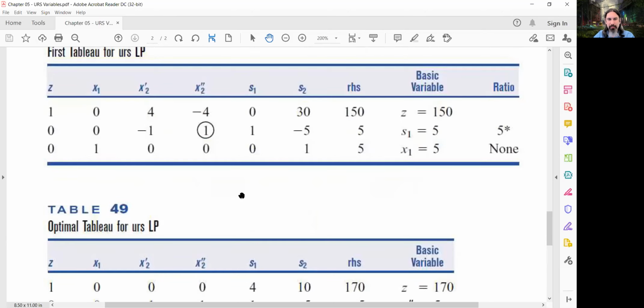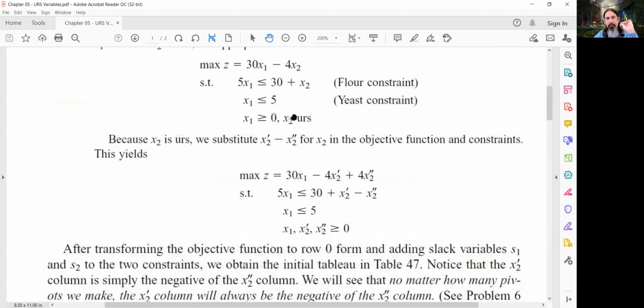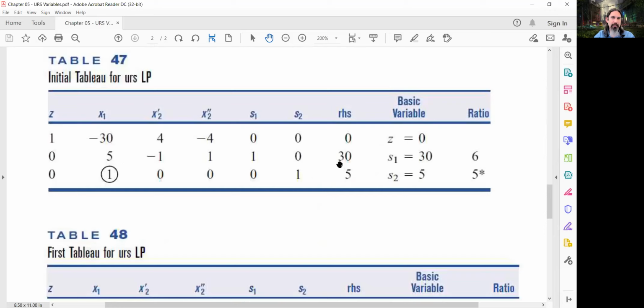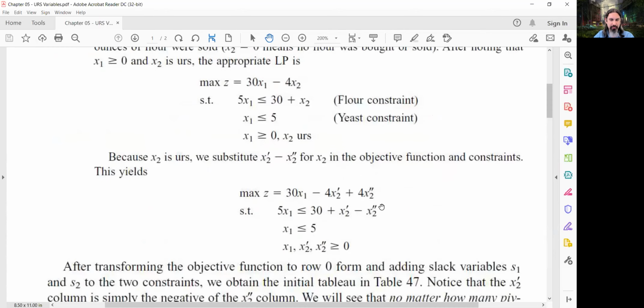So as you can see, with URS, we have to take the URS variable and turn it into 2 variables. And one of them might, or maybe none of them will enter, but still one of them might enter the solution, and we will see how it goes in the table anyway. But at most one of them can enter the solution. Both of them cannot be in the solution. Why?